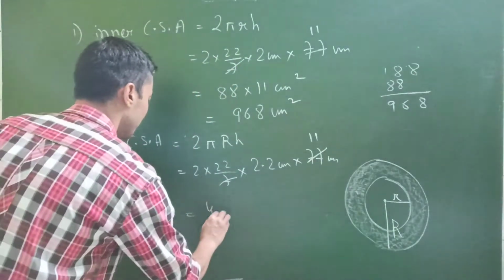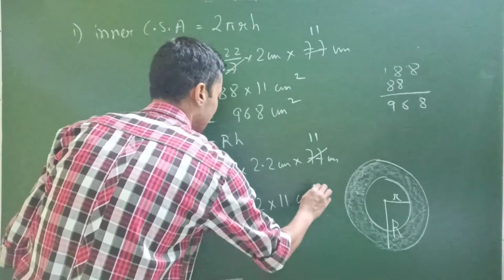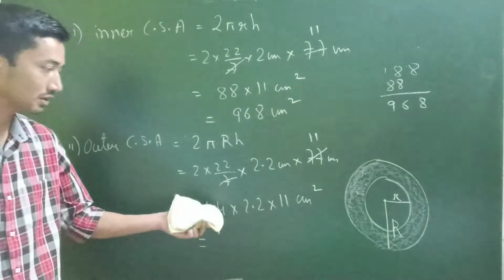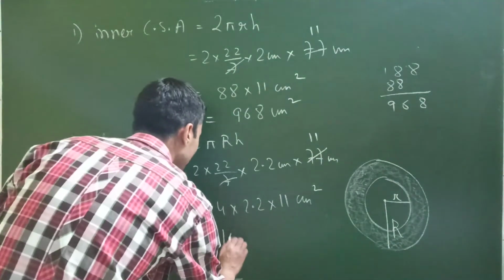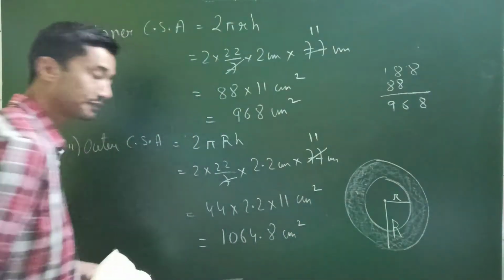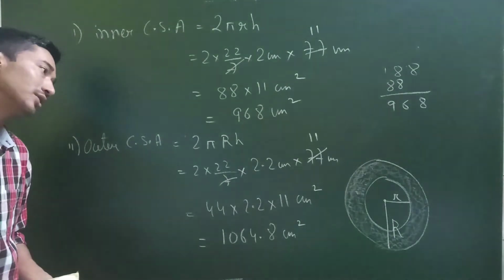So this will be 44 into 2.2 into 11 centimeters square. I've done the calculation in advance so that we don't waste much time. So this value you should be getting as 1064.8 centimeter square. You can do the calculations and check for yourself.